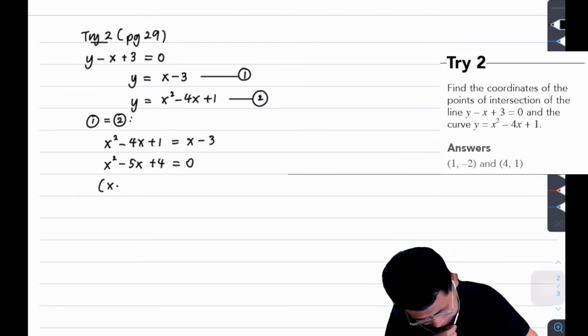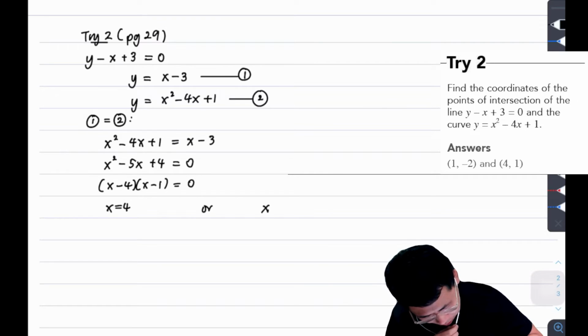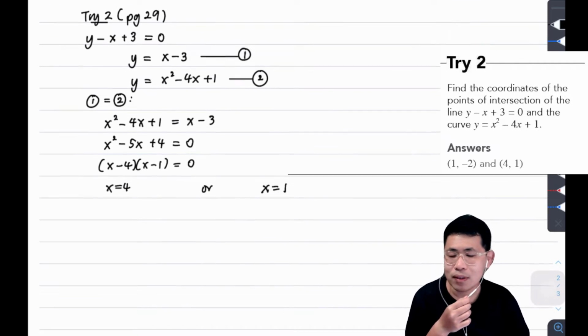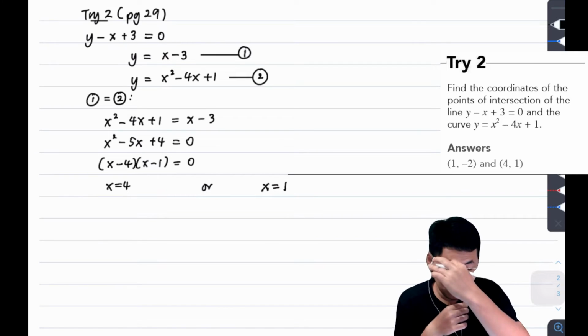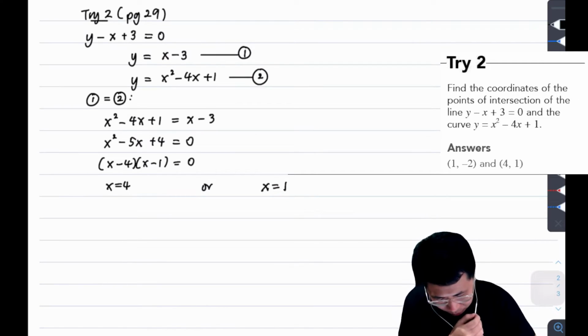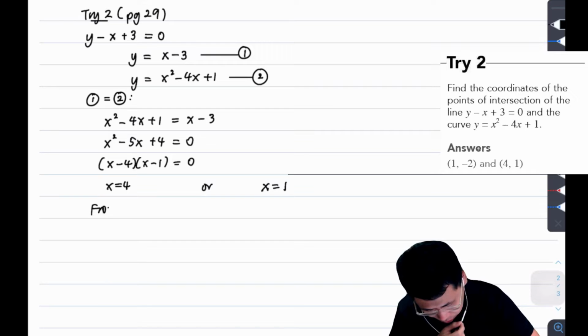Looks like you can factorize again. Minus 4, minus 1. So x is going to be equal to 4, or x is going to be equal to 1. This is my solution for x. I'm going to look for y, and I need to borrow equation 1.